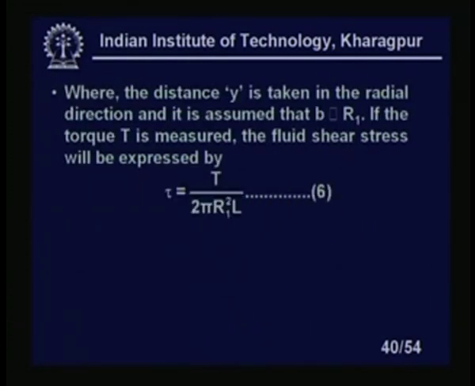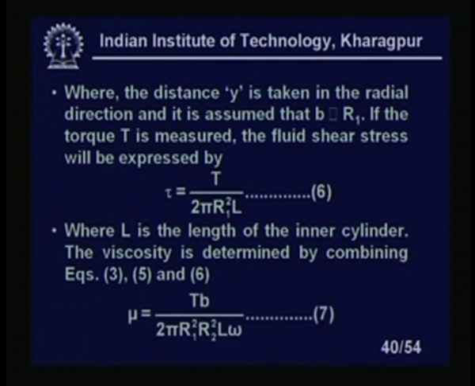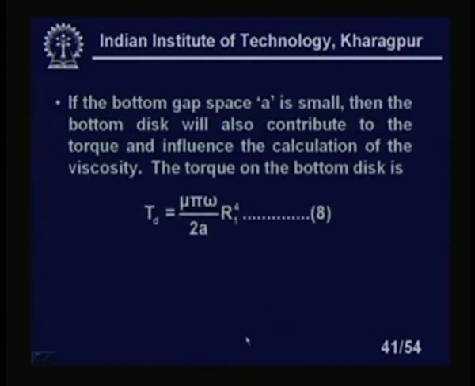So, where L is the length of the inner cylinder, the viscosity is determined by combining equations 3, 5 and 6: mu equals T B upon 2 pi R1 square R2 L omega. This is equation number 7.